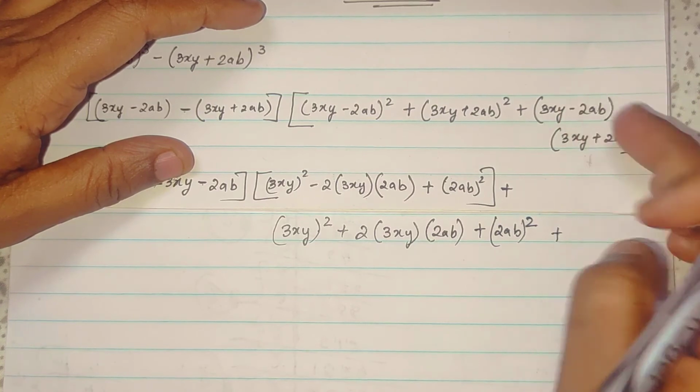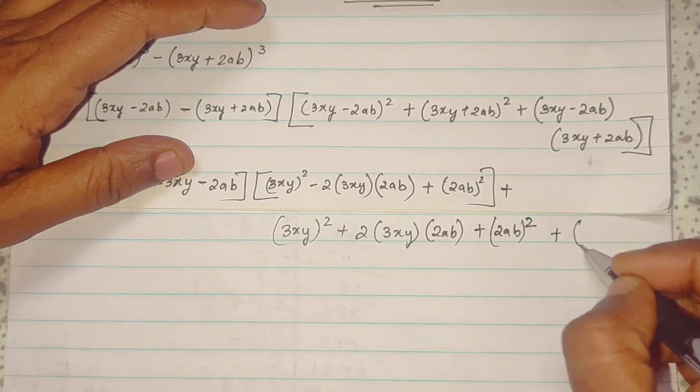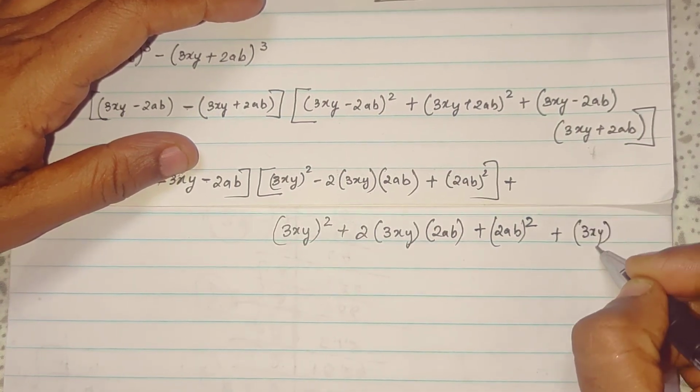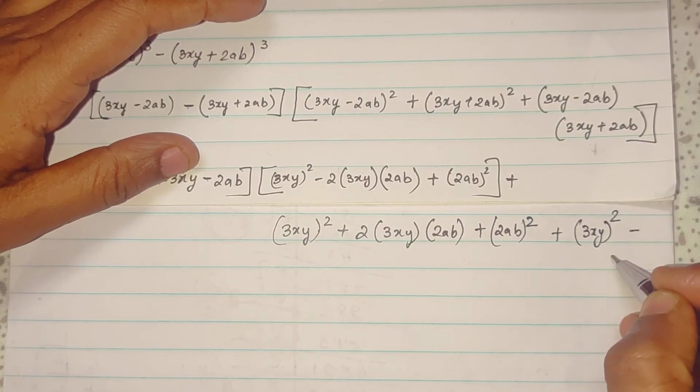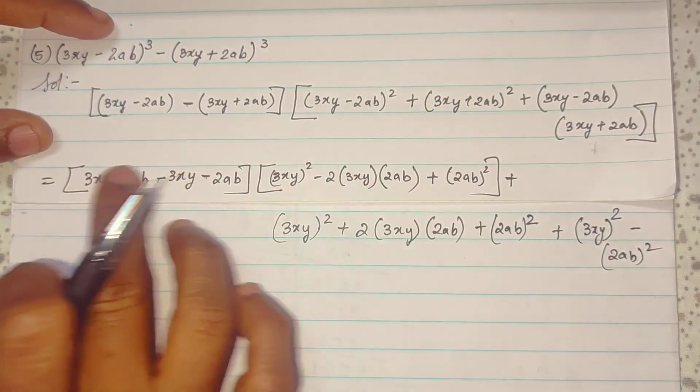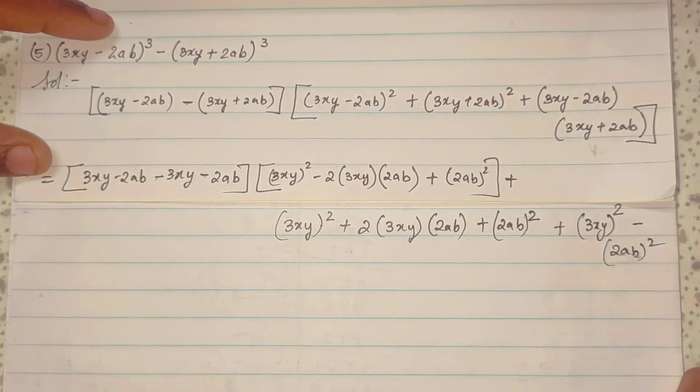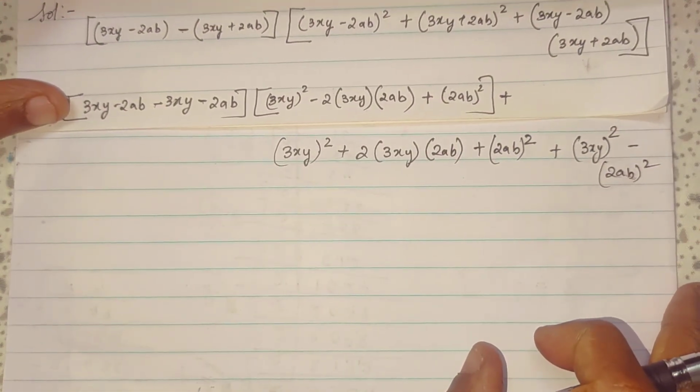So ये a minus b, a plus b, तो उसका कैसा होता है a square minus b square. Okay.